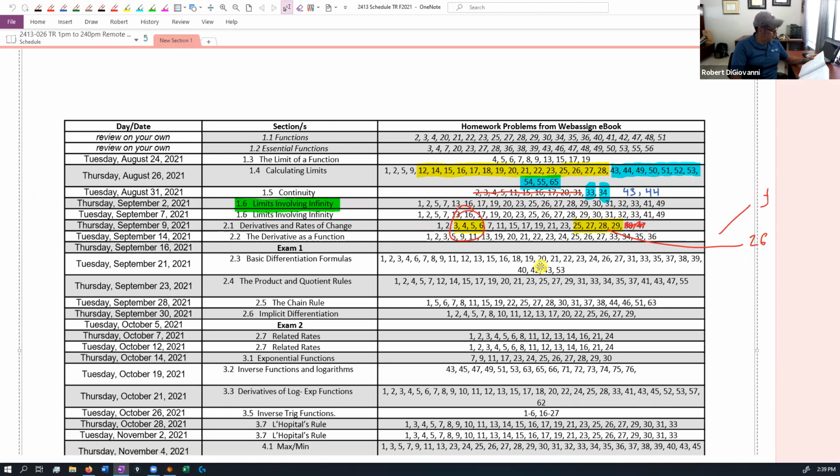Wait a minute, hold on, I'm looking in the wrong section. 2.3. Just want to make sure there's nothing in here. Yeah, this looks fun. There's a few that ask for the first and second derivatives. There's some here that ask for the equation of the tangent line.